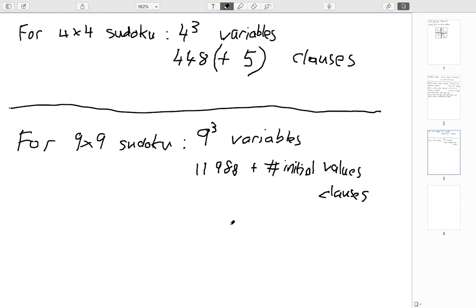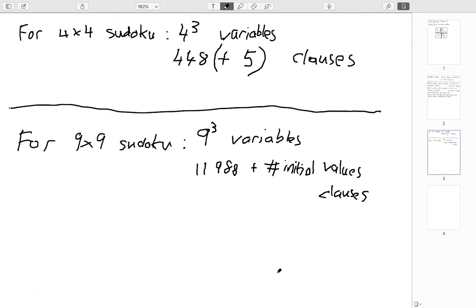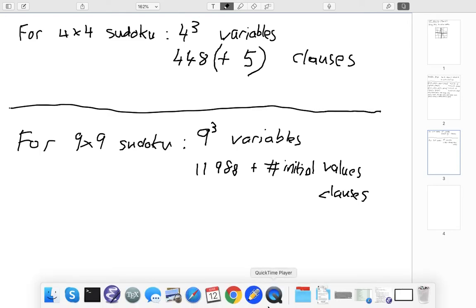So we're not going to use a fancy SAT solver, but an implementation of the DPLL algorithm that I wrote in Haskell, which is a nice functional programming language. I don't know how many of you have experience of it. So let me go to here, I think.